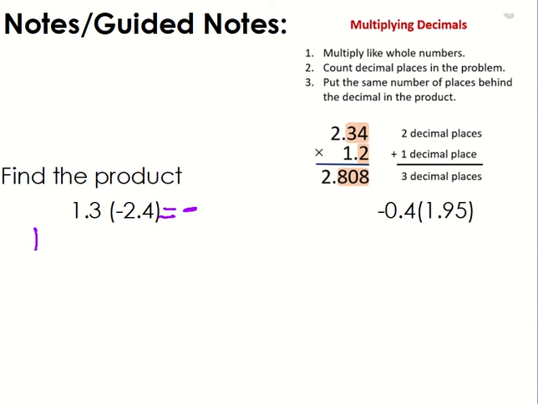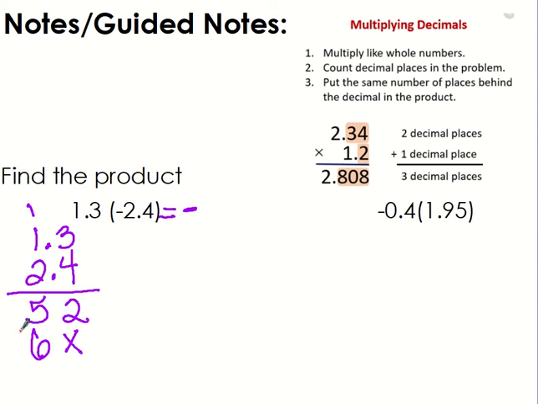So we're going to take 1.3 and multiply it by 2.4, just like if they were whole numbers. 4 times 3 is 12. 4 times 1 is 4, plus 1 is 5. Put your placeholder, whatever it is, 0 or x. 2 times 3 is 6. 2 times 1, remember that's from before, is 2. So 2, 11, 3, because remember we add these and multiply these.